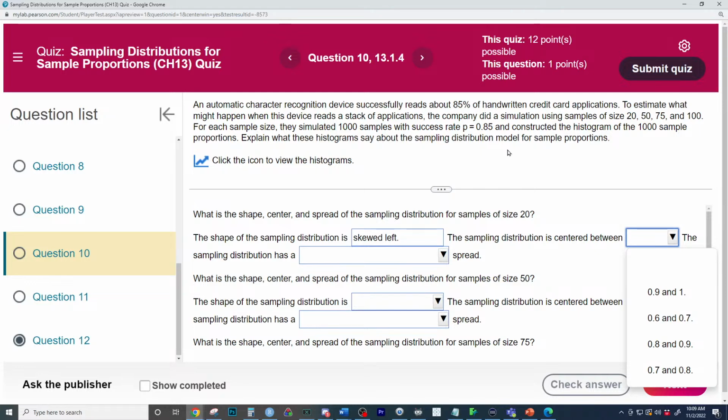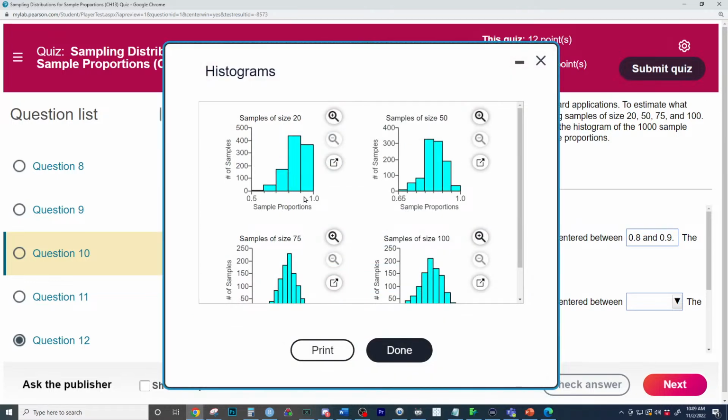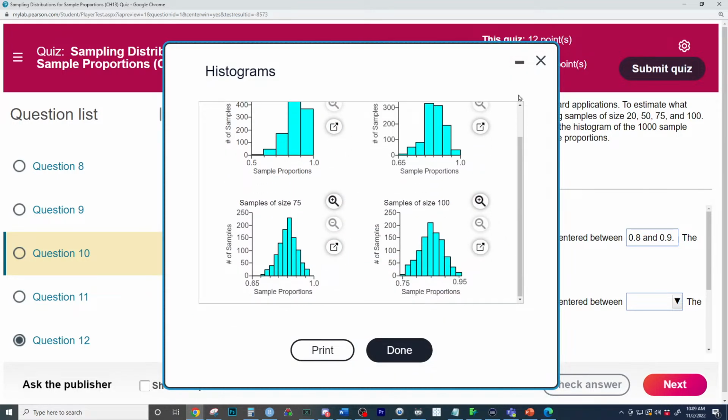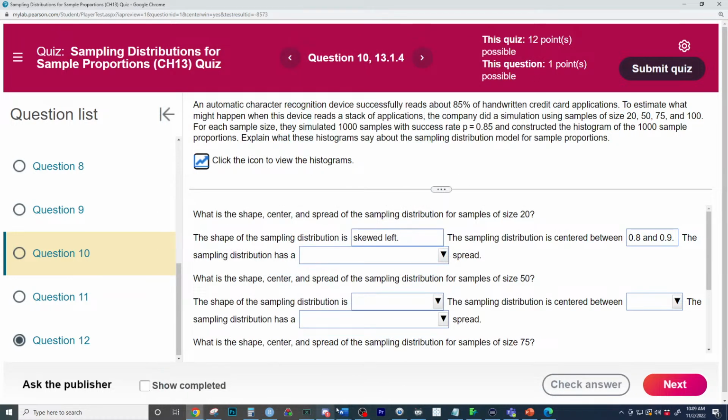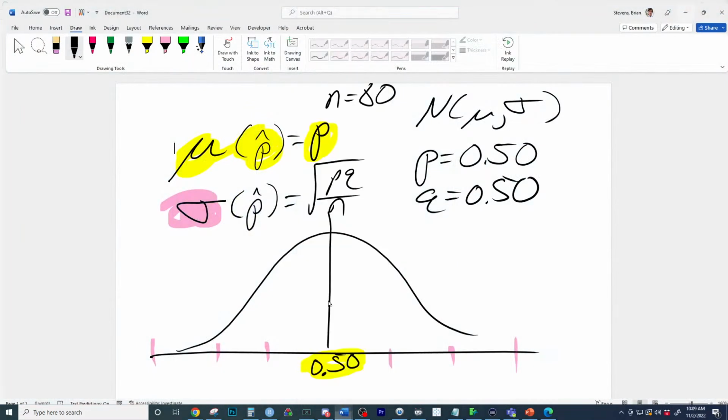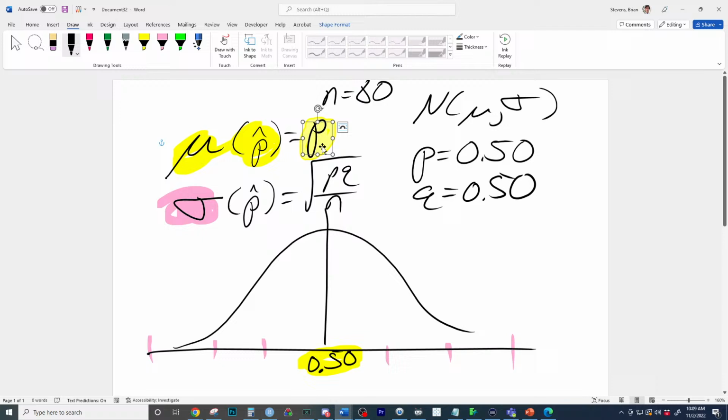So where is it centered? Well, this right here is the truth. It'll be centered around the truth, because what do you expect the sampling distribution to be at? If 0.85 is the truth, then you'd expect the center to be around 0.85. For all of these, sample size doesn't matter when solving this, because mu p hat is equal to the truth.